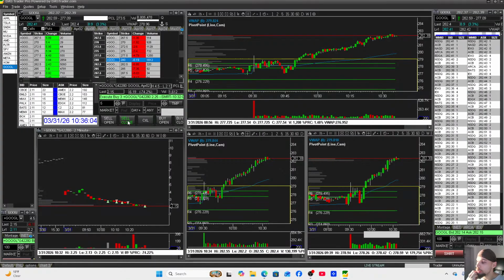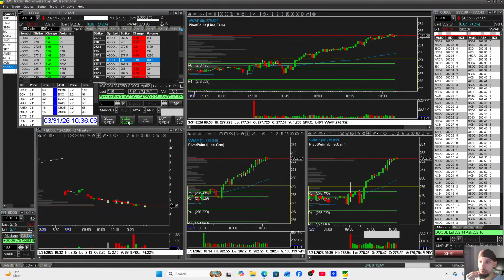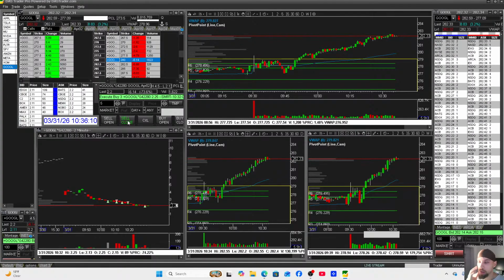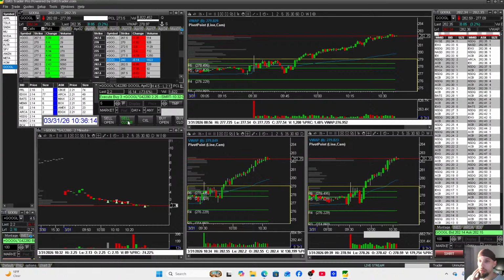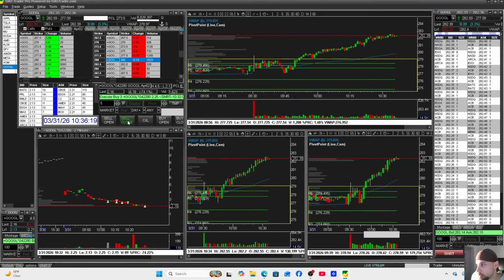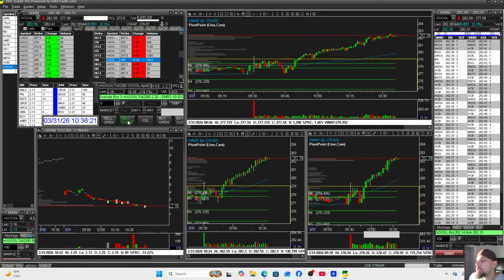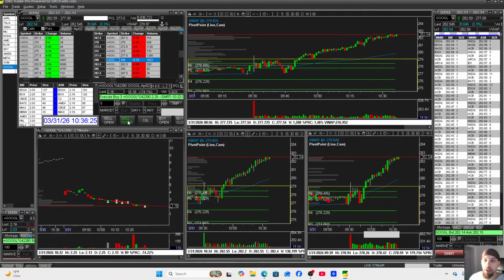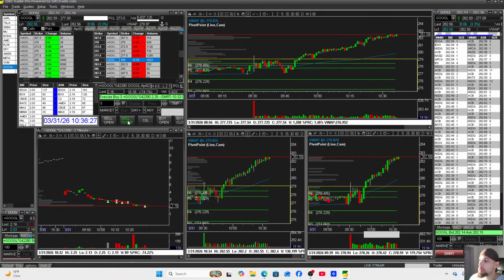SPY and Qs are testing the highs of today, which is where buyers would step in and want to squeeze. But let's say the market has had enough of the bullish run and they want to get back on track of the overall sentiment, which has been bearish. To me, it's a good area to pull back.